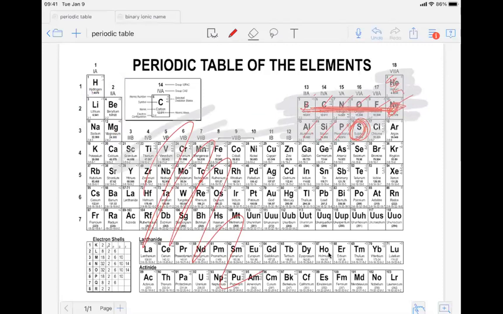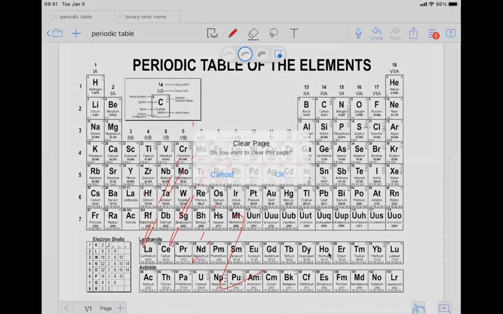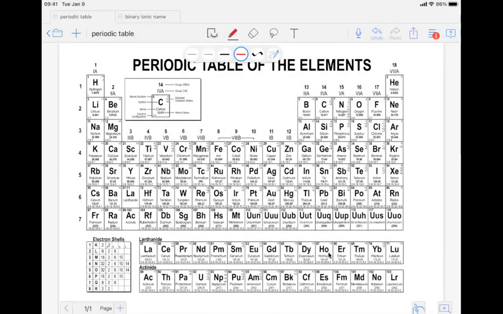As long as you understand how to use the periodic table and you learn in your mind that period number is equal to the principal quantum number, so that comes first. And then I've got my S block, my D block, my P block, and my F block. And you just follow atomic number.